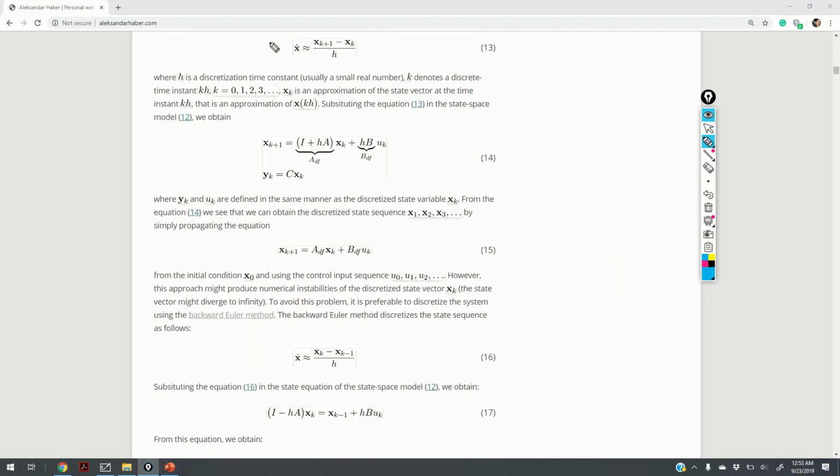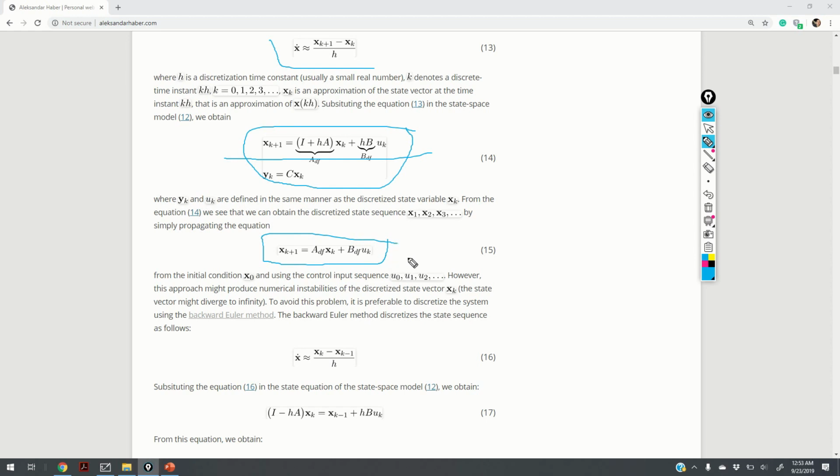By substituting equation 13 into the state equation, we obtain equation 14, and the state equation in 14 can be written as 15.